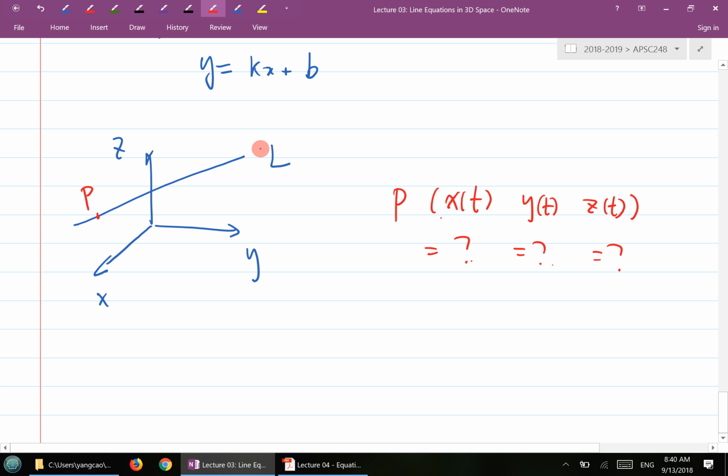I use three functions to describe one trajectory, or one line. And these three functions actually have a name. Basically, we call them the parametric equation.